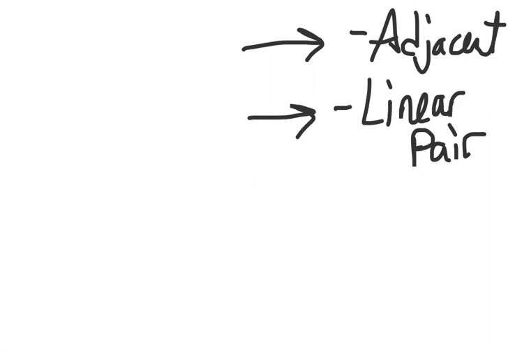No, it doesn't even have none as an option. So spoiler alert, if it's adjacent or linear pair, one of those two is going to be your answer. If you see choices that you don't even know what those words are because I never taught them to you, there's a reason for that. We learn them next week. So obviously, if we haven't even learned them yet, they're not the right answer.